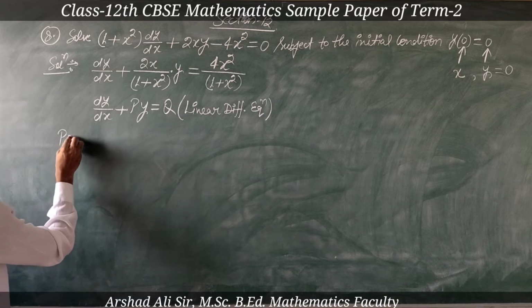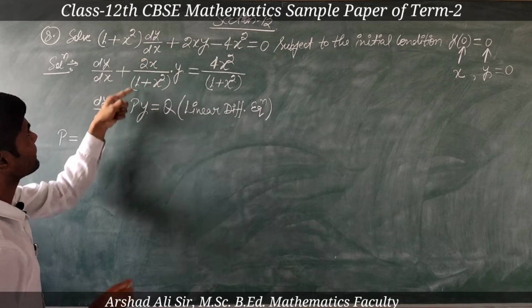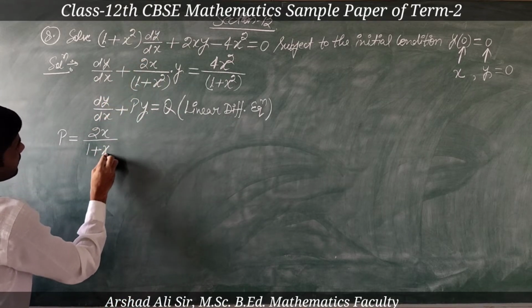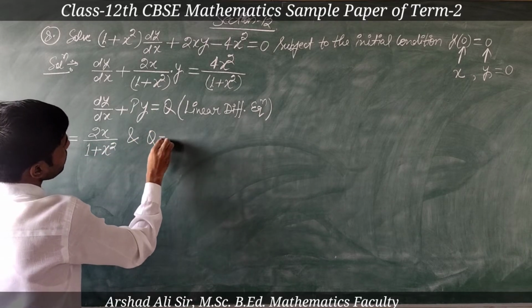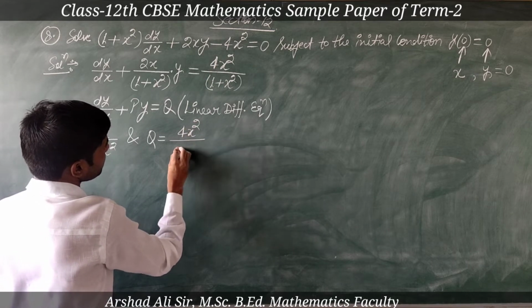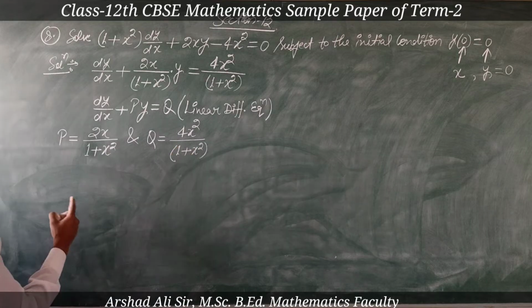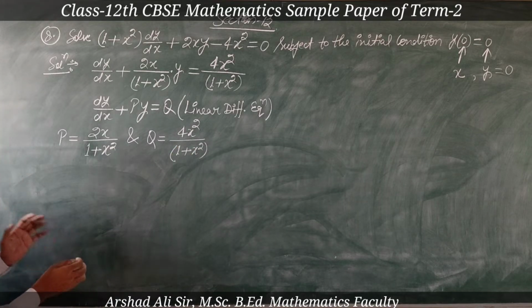So what is the value of p? P is the coefficient of y. Here we can see clearly p is equal to 2x upon 1 plus x square, and q is equal to 4x square upon 1 plus x square.